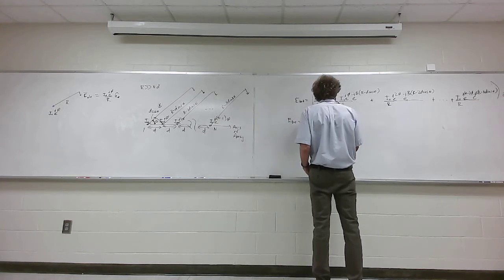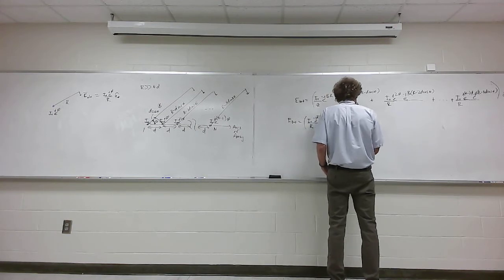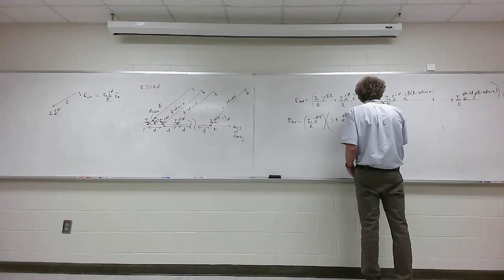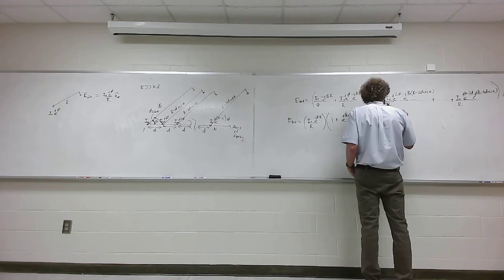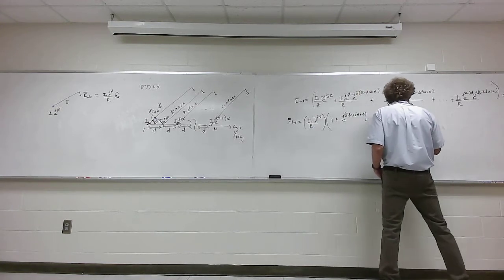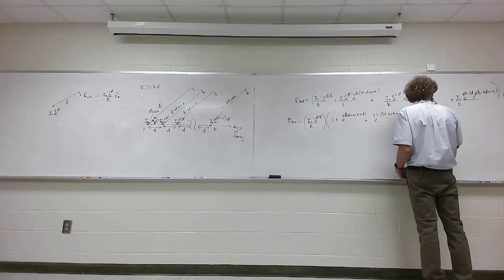And if you look, then I have 1 plus e to the j times beta d cosine of theta plus phi, right there, plus e to the j 2 times beta d cosine of theta plus phi, plus, and it goes on out, e to the j, and this is going to be, I know there's an n minus 1 here.